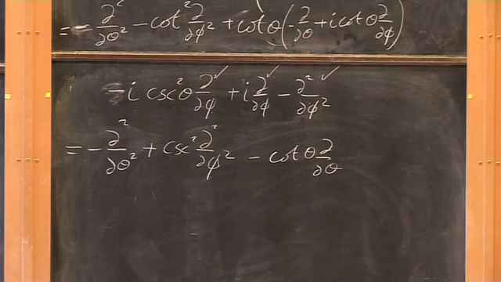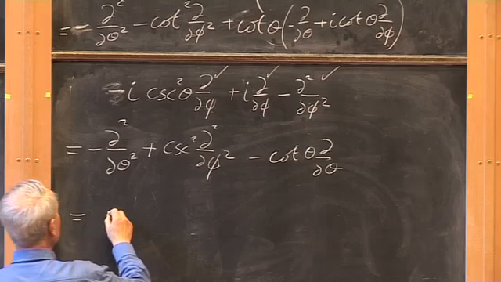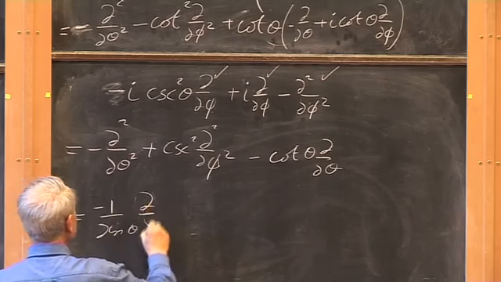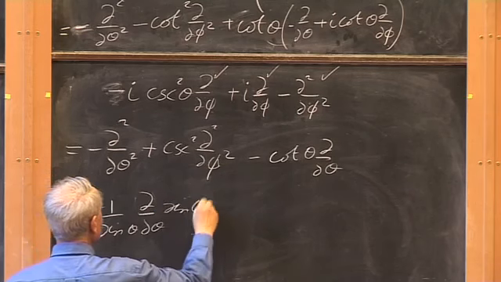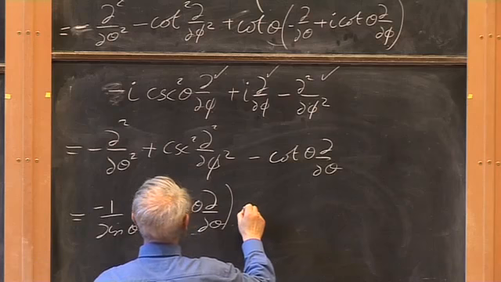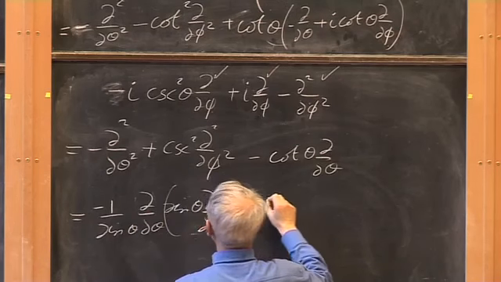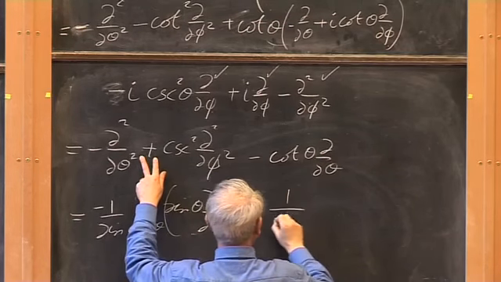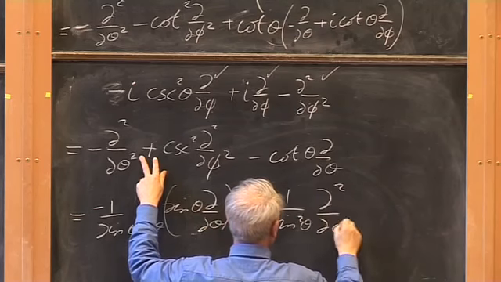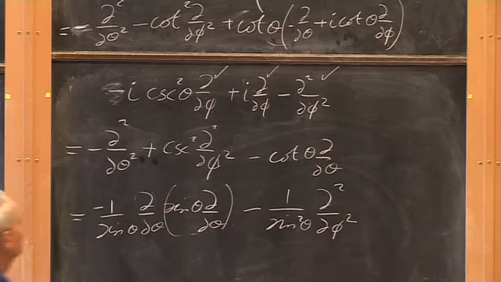So we now consolidate this, all being well, into minus 1 over sine theta d by d theta of sine theta d by d theta. And this should be, I think, a minus. That sign is wrong. A 1 over sine squared theta, this is how it's usually written, d2 by d phi squared. So I've screwed up on the sign there somehow.